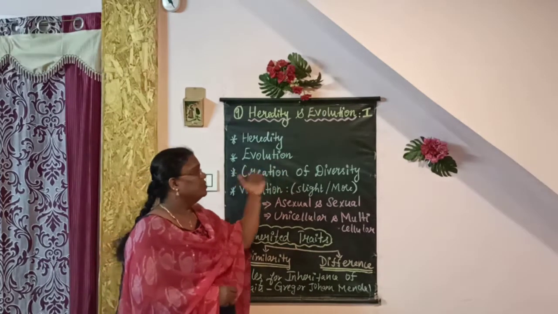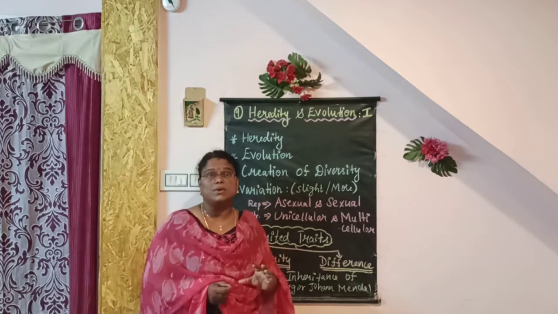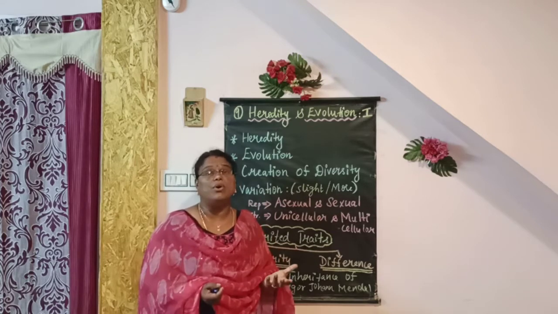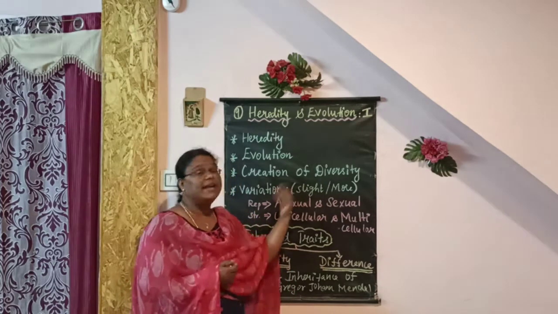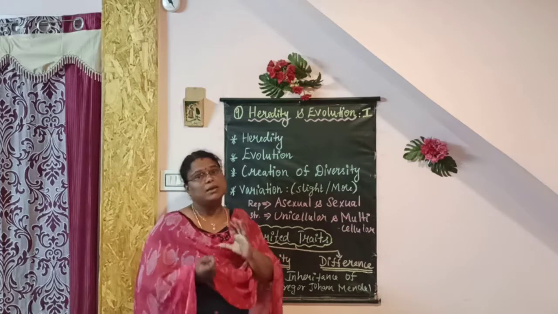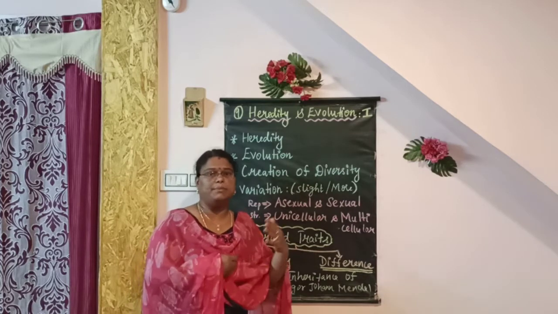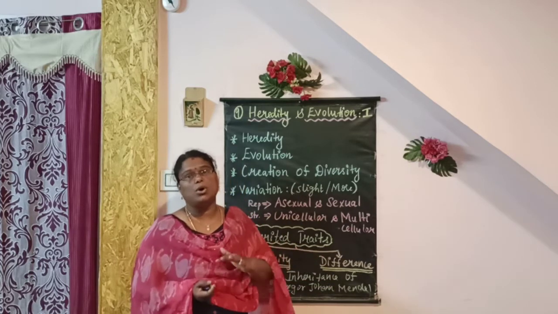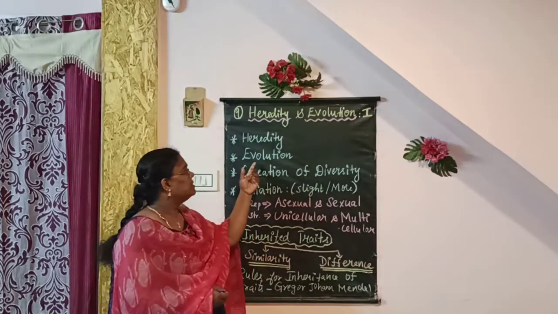Next one is evolution. Evolution is a process of creation of variation or diversity by the process of reproduction. It may be asexual reproduction or sexual reproduction. That is called evolution.